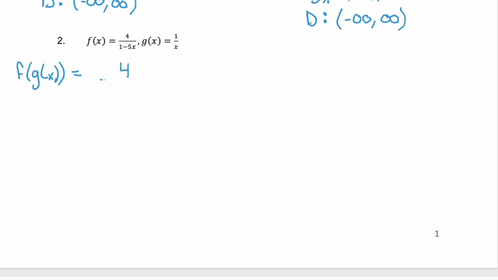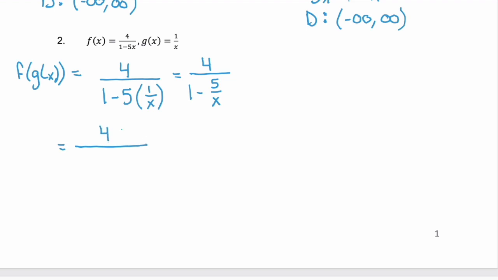So we have 4 over 1 minus 5, and we have an x that gets replaced with 1 over x. This is simplified to 4 over 1 minus 5 over x. Let's get a common denominator for those fractions in the bottom. 1 can be rewritten as x over x.